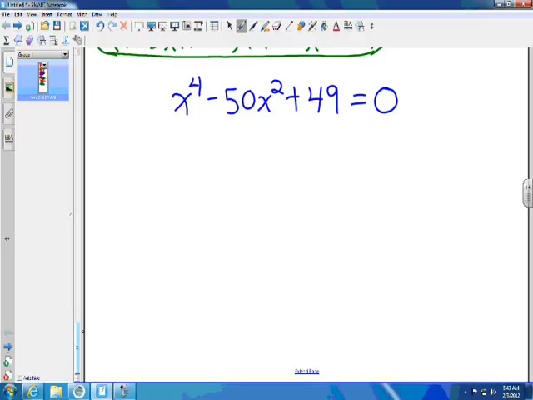So how many terms do we have there? 3. Is there a common term? No. So we check to see if we can factor that as a trinomial.